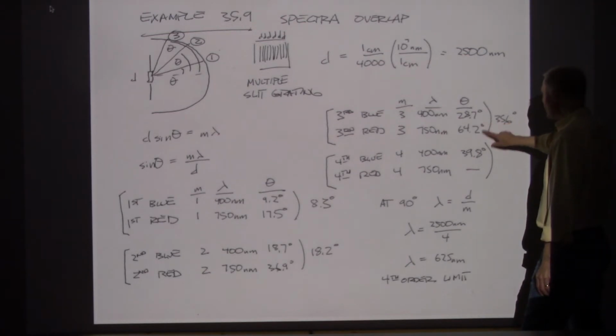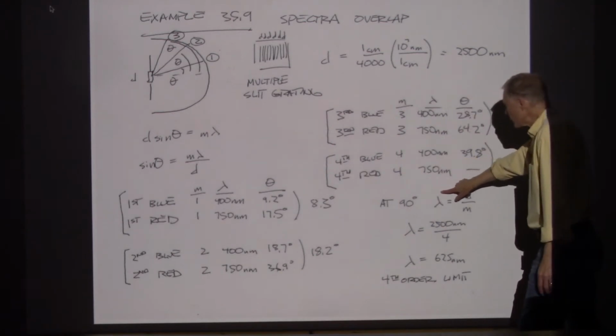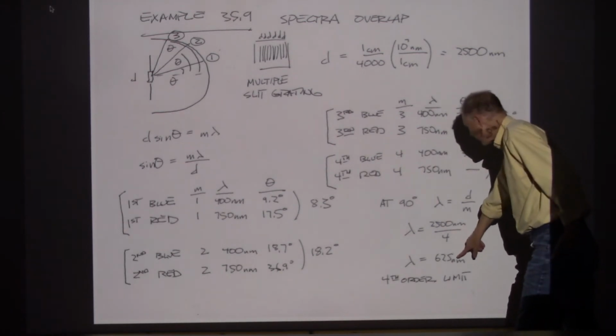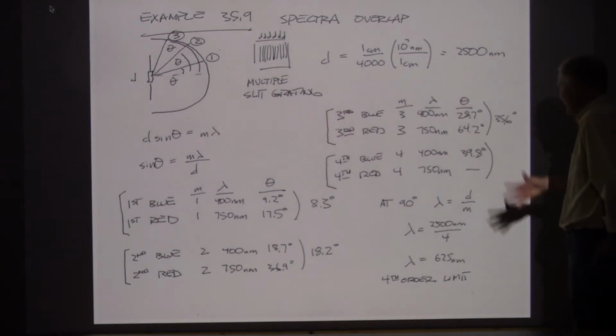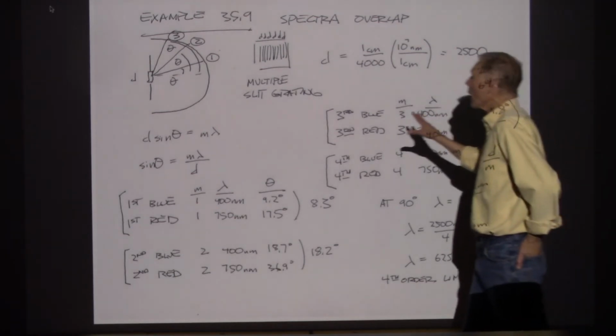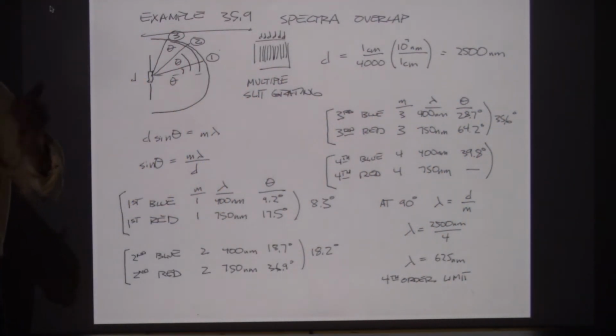And then we didn't reach the fourth order, because when we got to 90 degrees, the largest wavelength for fourth order ended at 625. Okay, so that's mapping out the range of wavelengths that will show up in a particular diffraction grating in a problem.